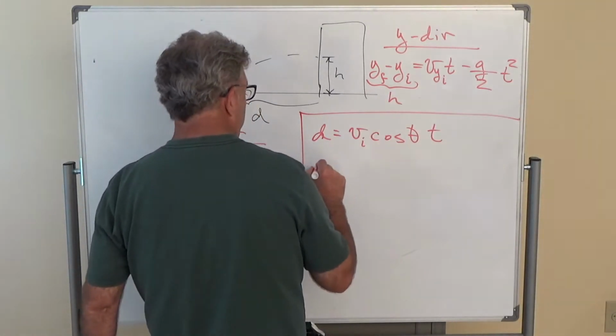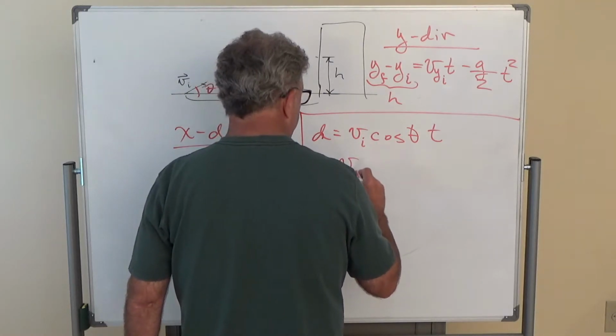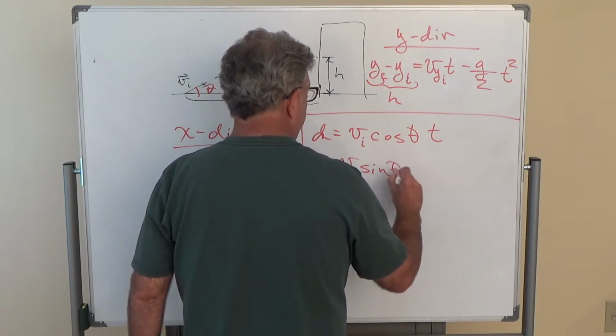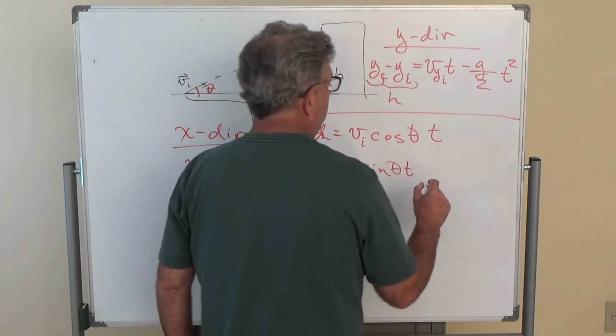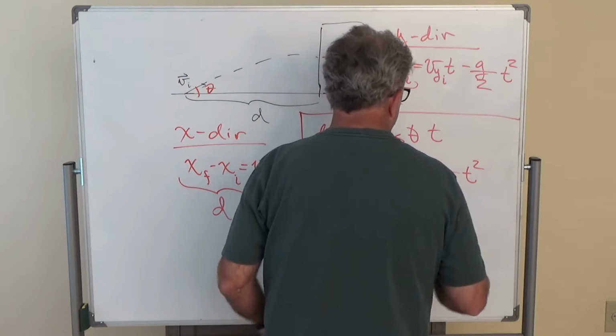Then from here we have h is equal to V initial sine theta t minus g over 2 t squared.